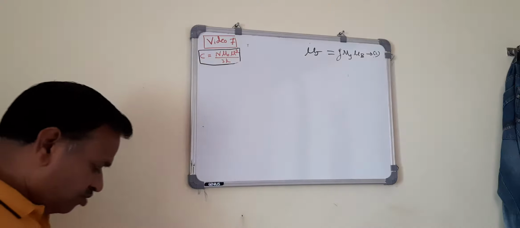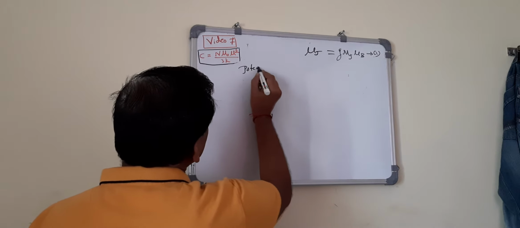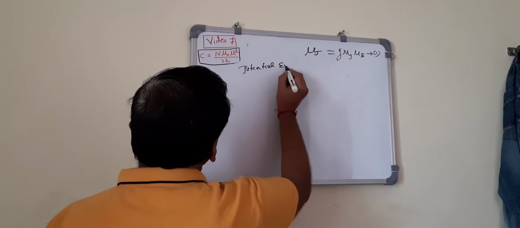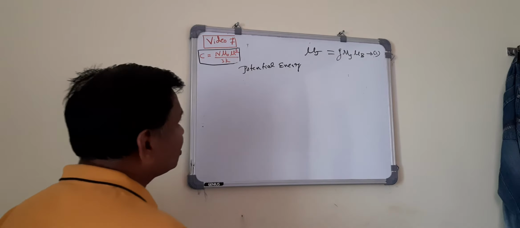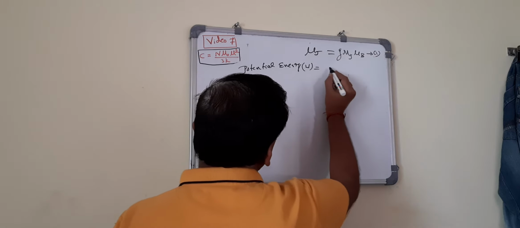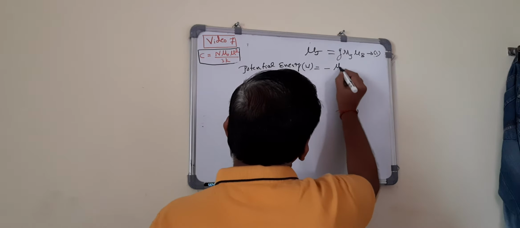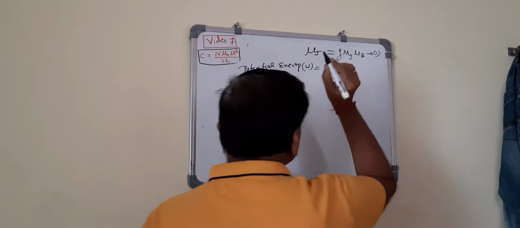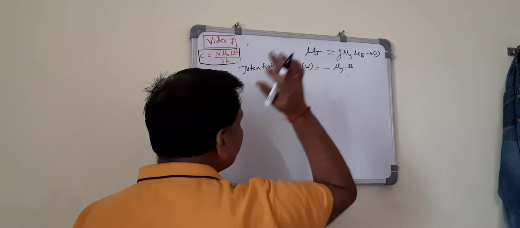Next, the potential energy experienced by each atomic magnet in the external magnetic field is U equal to minus mu j dot B, because they are all aligned with respect to the magnetic field.